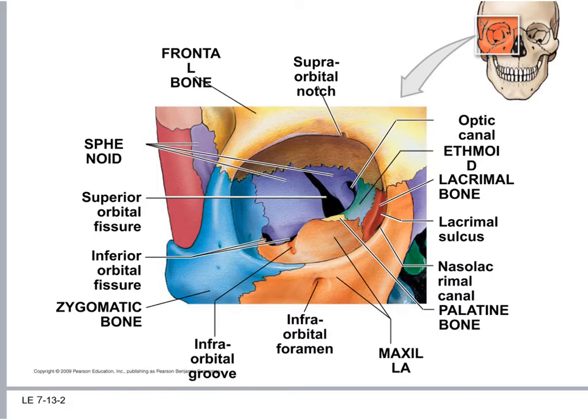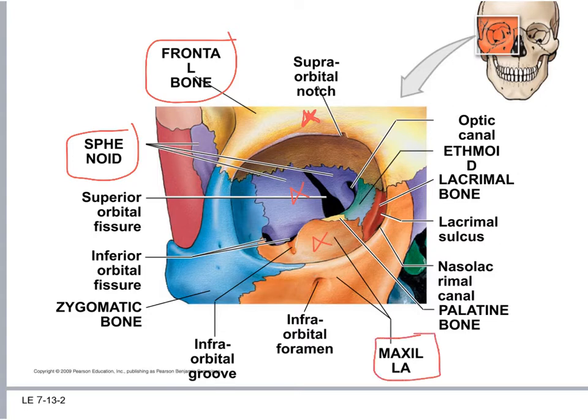If we look at this, we can see that the ceiling of the eye orbit is the frontal bone, right? And the back of the eye is the sphenoid bone. And the floor of the eye is the maxilla. And the lateral wall is the zygomatic bone.